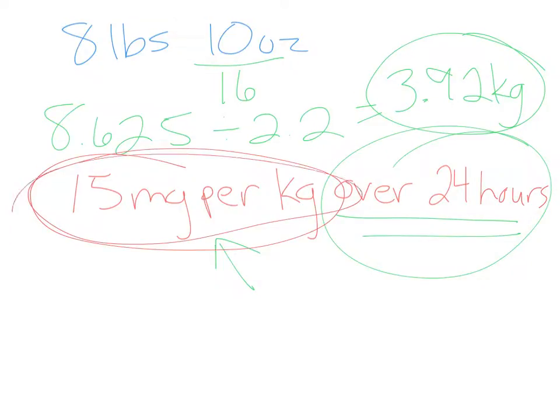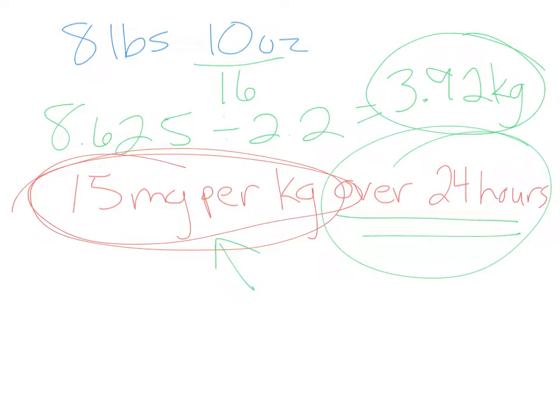That's what my dosage is. So a patient that weighed only 1 kilogram would only have to take that 15 milligrams. Whereas if they weighed twice that, they're going to have to take twice the amount of the dosage, so they would end up taking 30. Or if they weighed 3 times that amount, they would take 3 times the dosage, which would be 45 in this question. And you can see where I'm going with this.